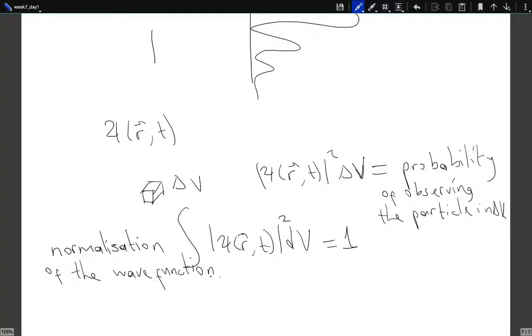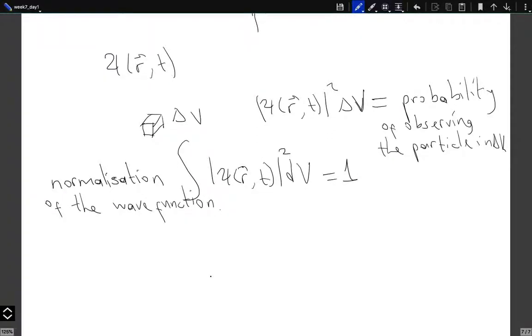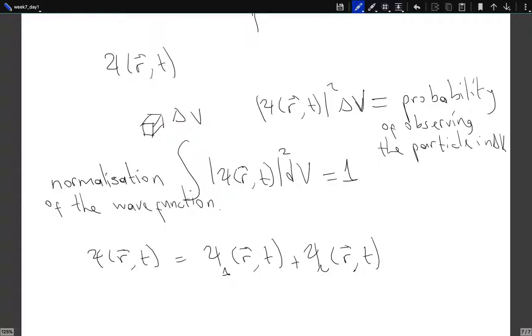Well, let's see, what else can we say about this wave? We haven't yet discussed it. We don't really know it. But once we say that it should be a wave, secondly, since we see the interference phenomena, if there are two waves reaching a point at a given time, then the total wave at that point is just the sum. This is called the superposition.